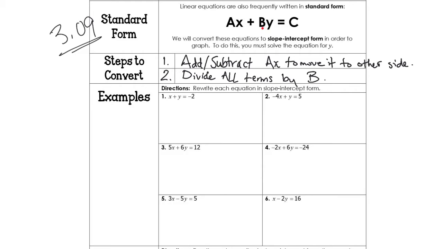So typically before when we've done this, we'd have by equals c, and we divide both sides by b. But now, since we already subtracted this ax, we're going to have c plus or minus ax. So this whole thing over here is going to get divided by b. And this might not make a whole heck of a lot of sense right now, but once we start doing some examples, hopefully you see how easy it really is.